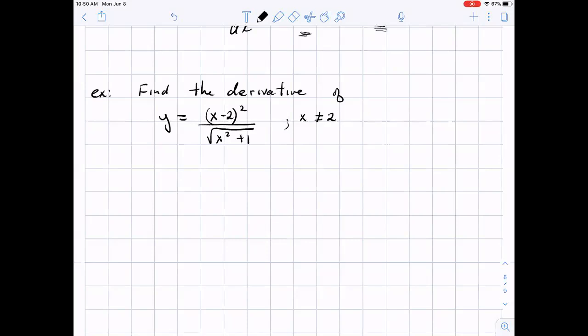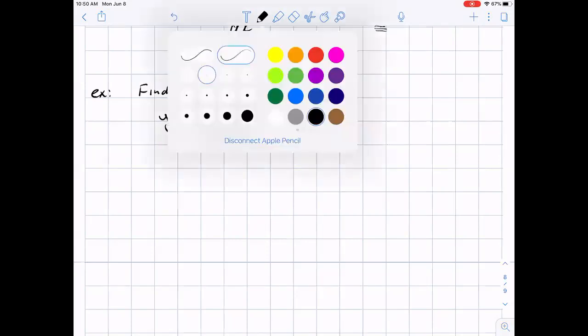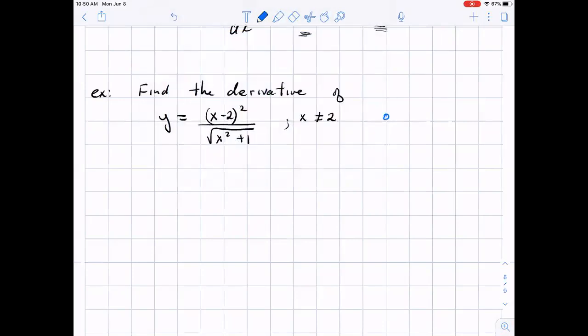What do I mean by that? You have two options: you could use the quotient rule, or you could use logarithmic differentiation.